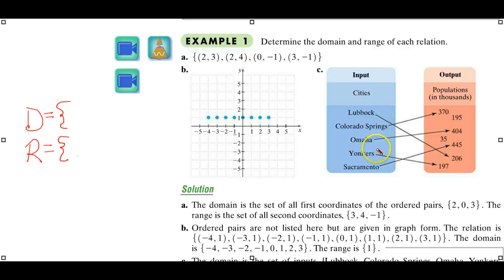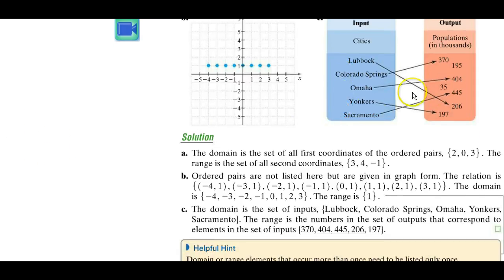So this would be a function, and we would list that. Now, since 195 in the range here is not used, or 35 is not used, we wouldn't list that in the range.